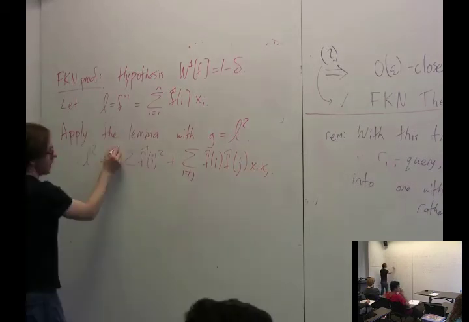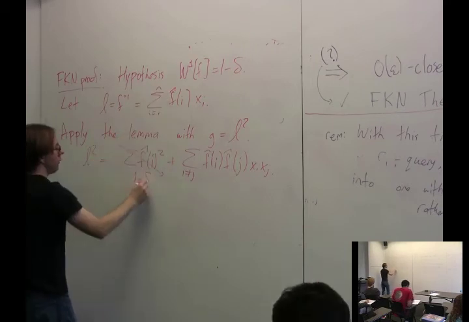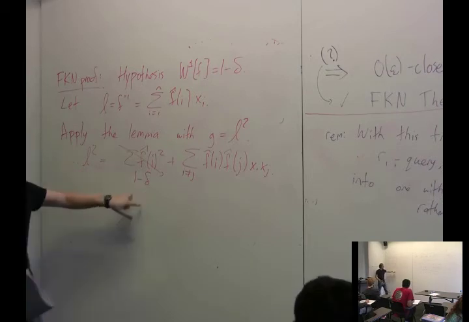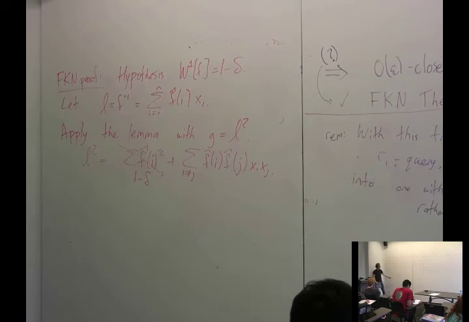Okay, and this thing is just by hypothesis the weight at level 1, so that's 1 minus delta. Okay, so this is the Fourier expansion of L squared. It's 1 minus delta plus this degree 2 stuff. I'm summing over unordered pairs here.